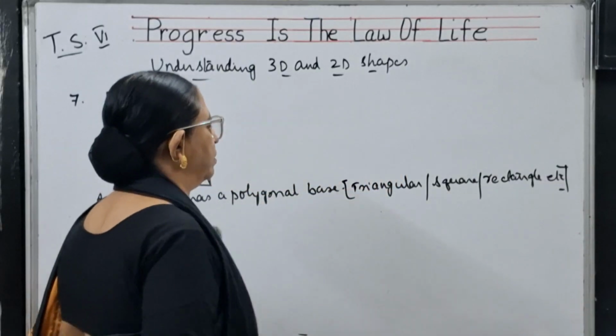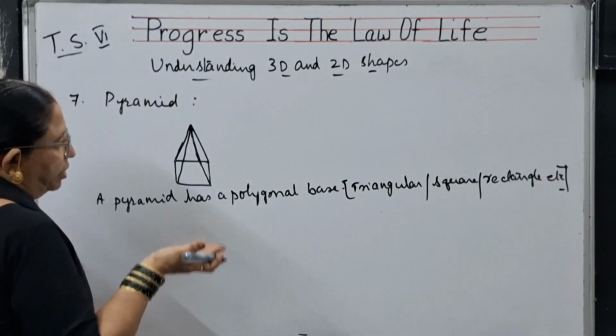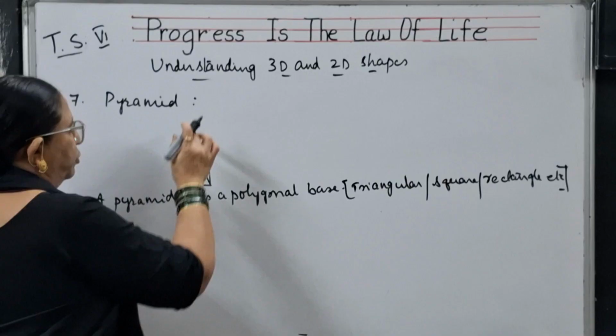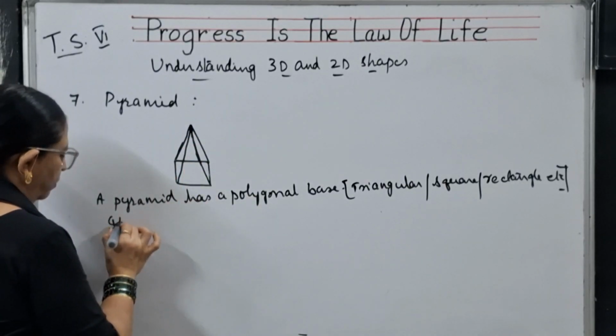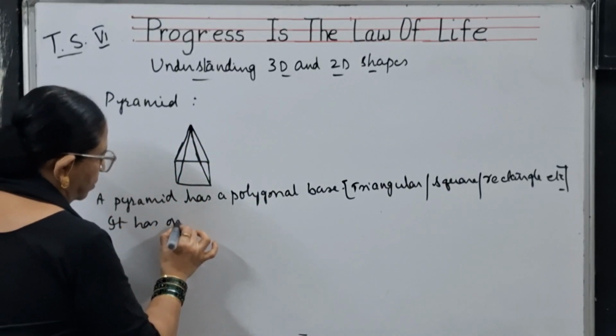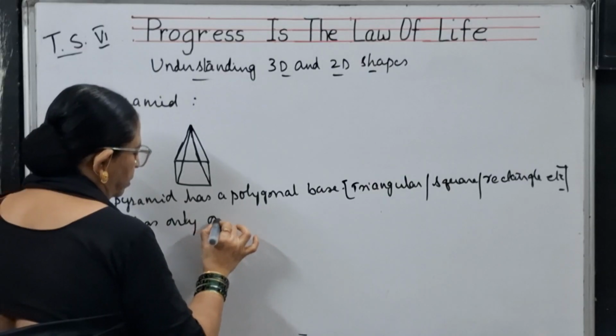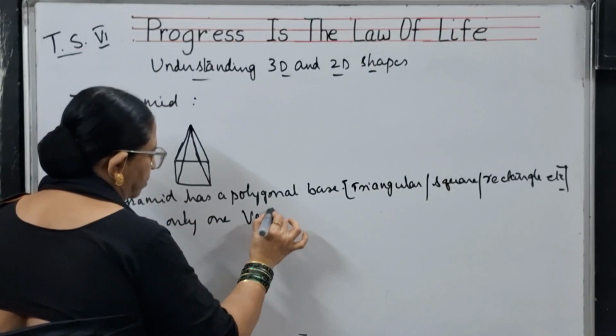So like this, the base will be a polygon, and it has only one vertex.